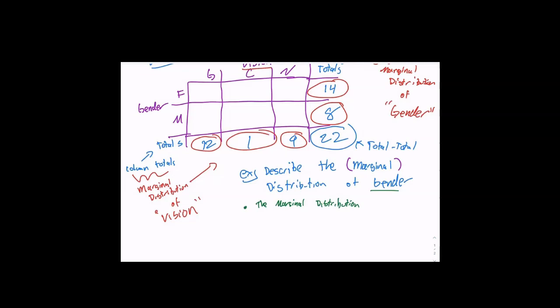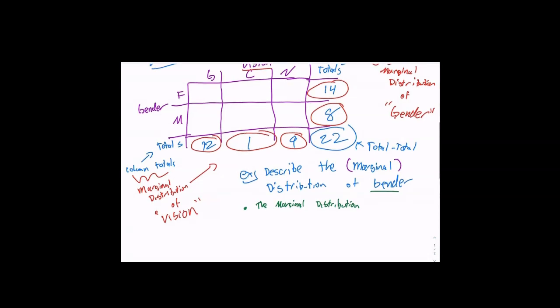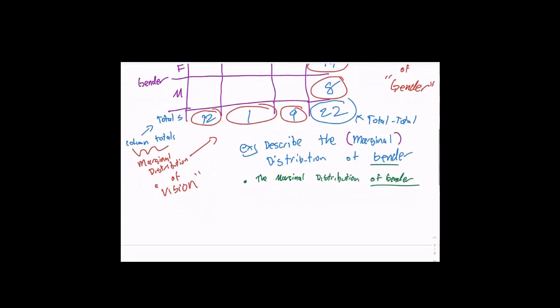The marginal distribution of, what am I being asked? Of gender. Boom, you just gained a point on the exam. You said the marginal distribution of gender. You identified the variable. That's 1 point out of 3.